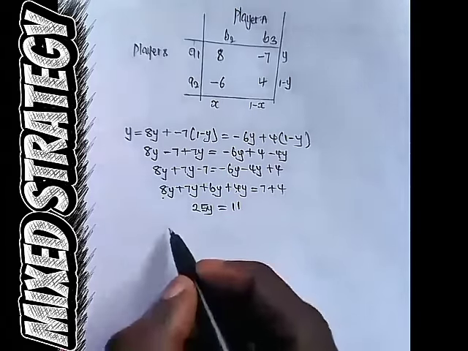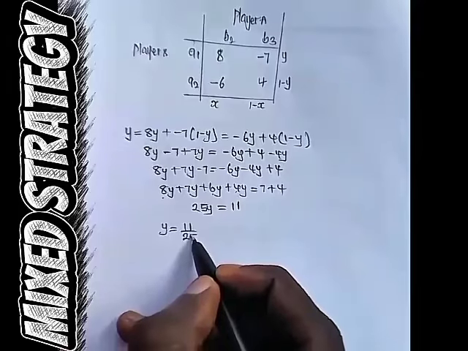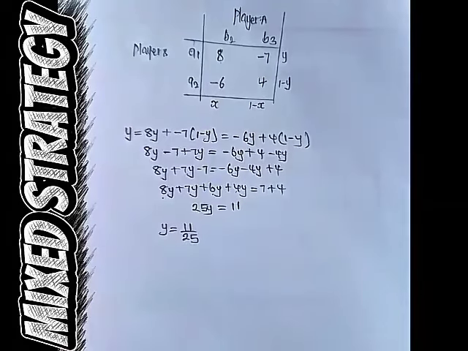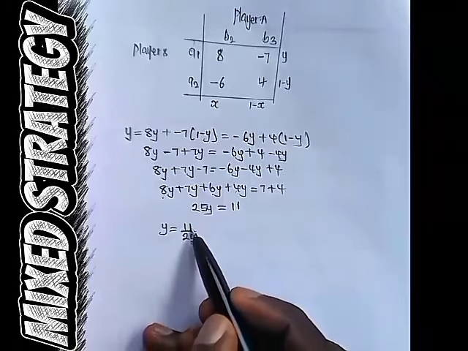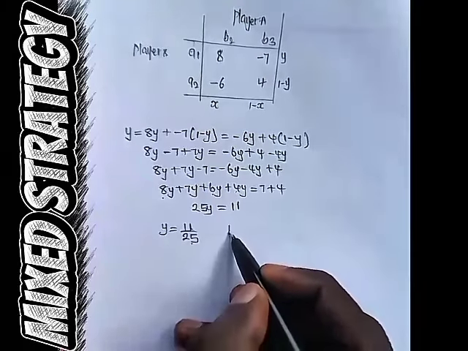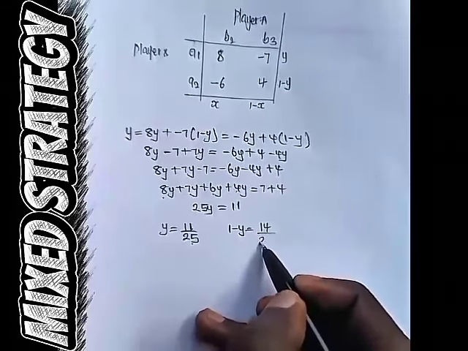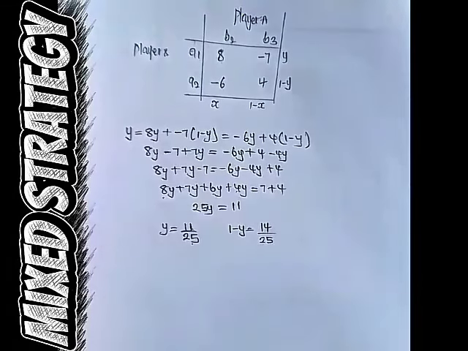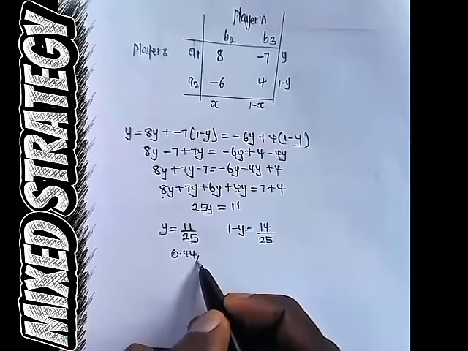So our y is now 11 divided by 25. What can I add to 11 to be 25, which is 14, which means our 1 minus y is 14 divided by 25. So 11 divided by 25 is 0.44.